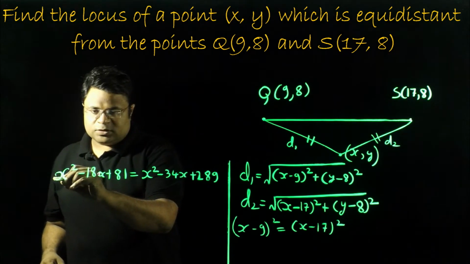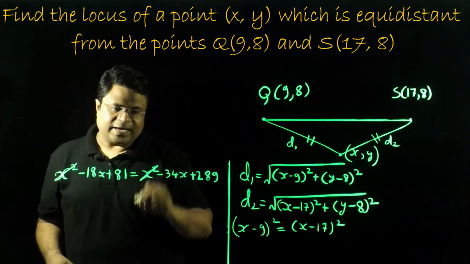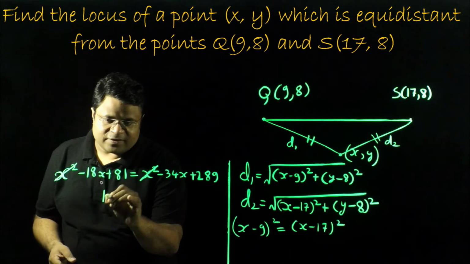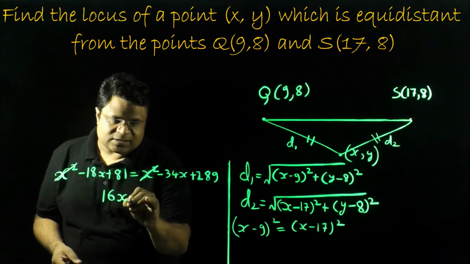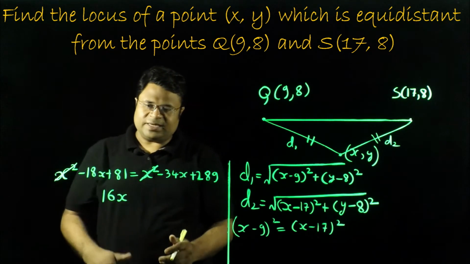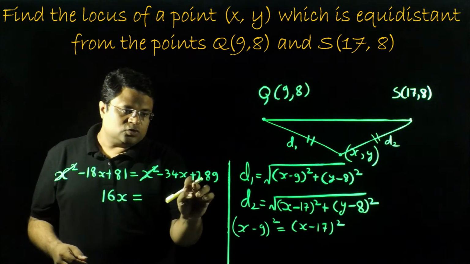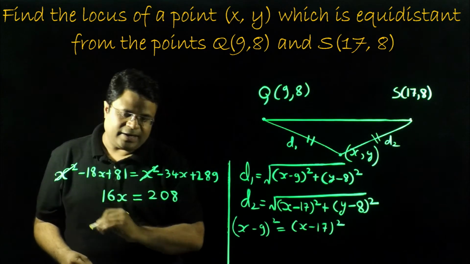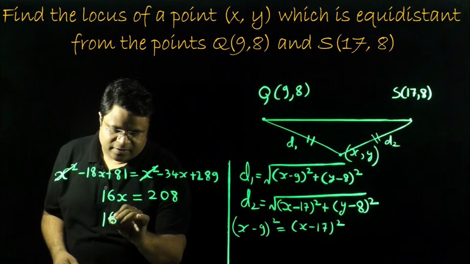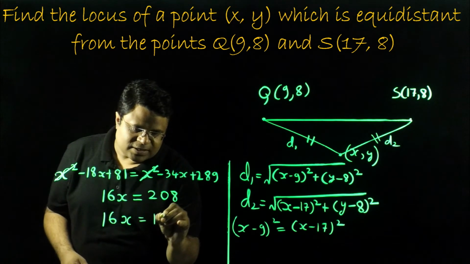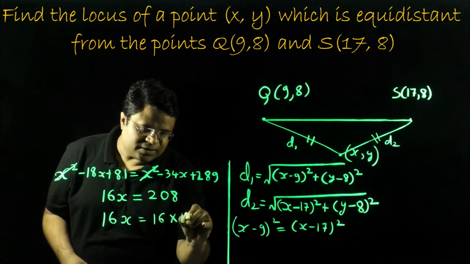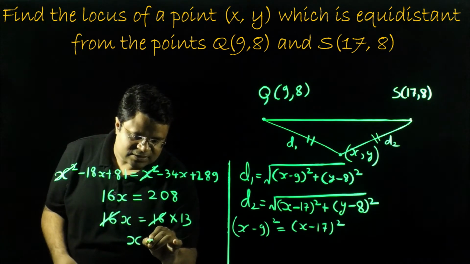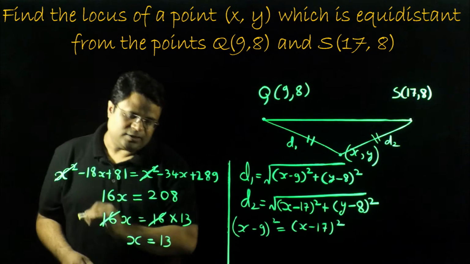Now of course these things will get cancelled, that is x square. 34 comes to this side and we'll have here 16x, because plus 34 minus 18 is 16x, is equal to 289 minus 81, which is 208. So just see here, 208 is nothing but 16 times 13. This will get cancelled. You will have x equals 13.